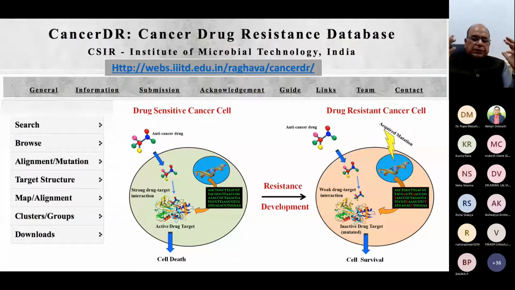People were talking in the literature that cancer drug resistance is a major problem, but there was no such type of database out there. So what we did, we collected and compiled the information from the literature related to cancer drug resistance, and we created this database and we are maintaining it. So anybody working in this field can use this database for their research.